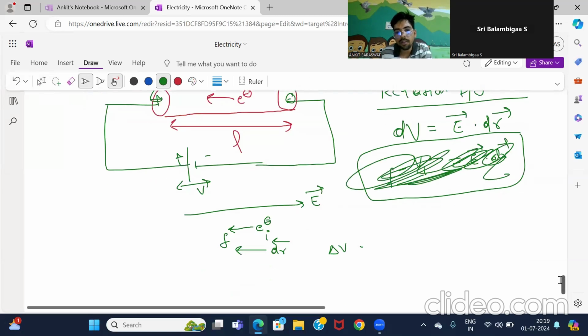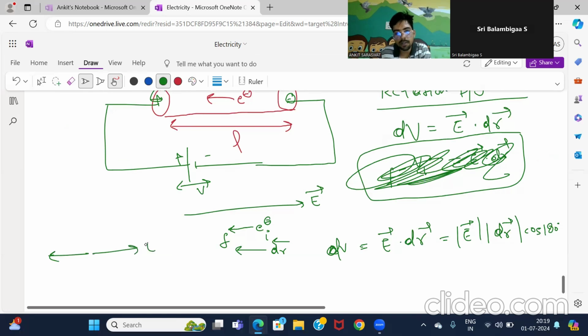I will explain. You just tell me dV equals how much? E dot dr. What is the angle between the electric field and the displacement vector? Tell me. What is the angle? 180. dr is this.